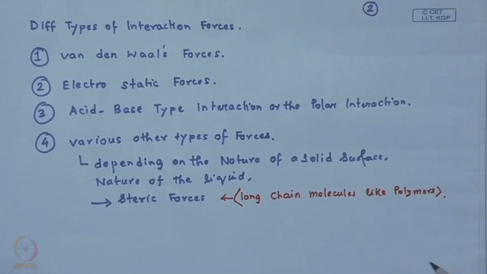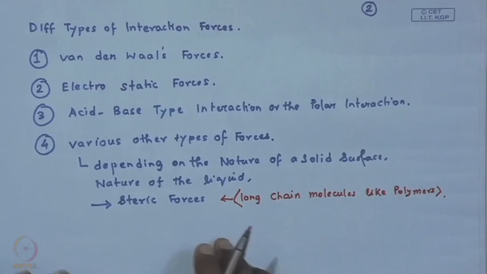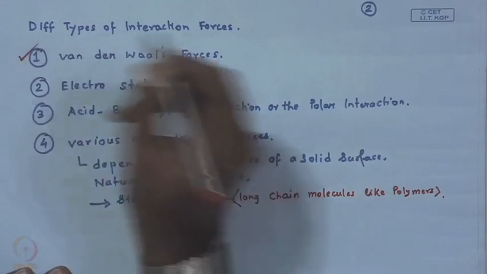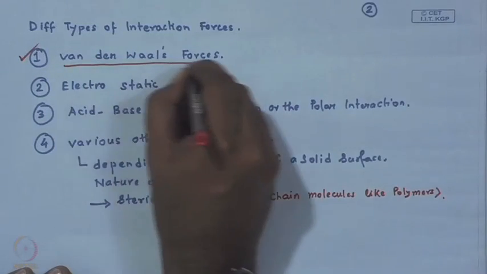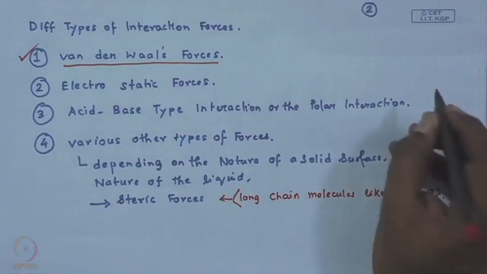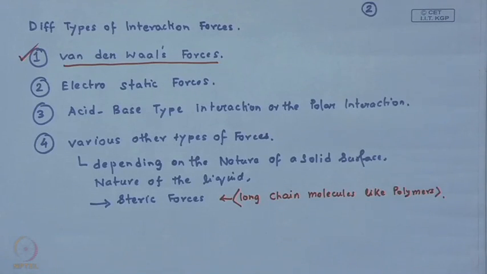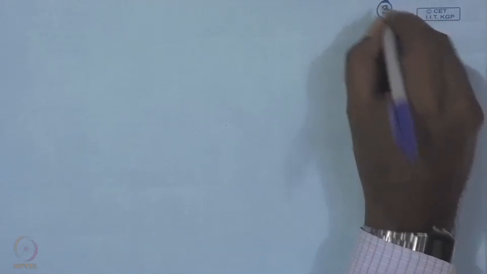So, there can be various other types of forces, but for our condition what is most important is to talk about some of the aspects of van der Waals forces, and we will also talk a little bit about the electrostatic and the acid base type of forces. So, amongst the van der Waals forces, there are three categories.